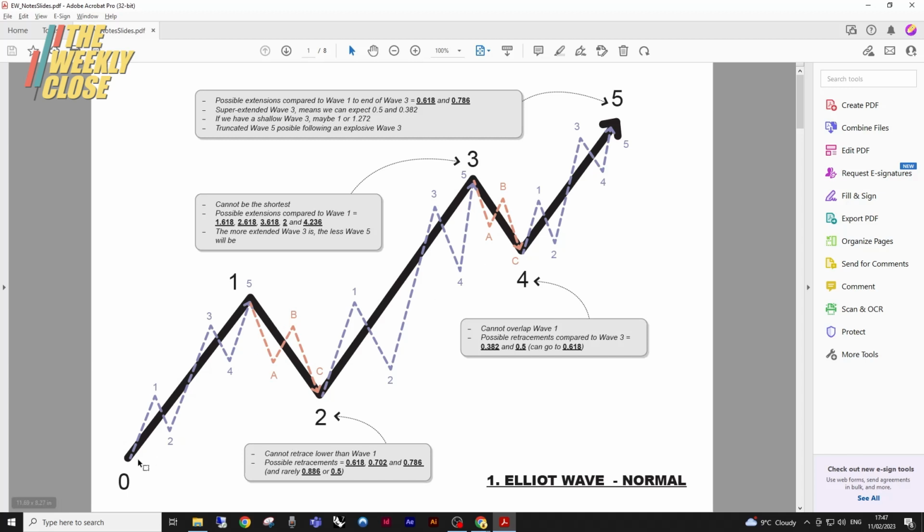But at the same time, there are natural levels where these depths retrace to, and rules for these to observe. For example, a wave 2 can never go deeper than a wave 1, so it can't come below that level. That would suggest it's a different wave formation than this simple 5 wave impulse.